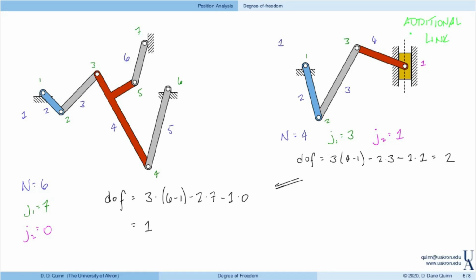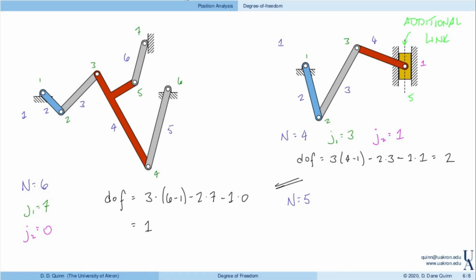If I were to treat the slider as an additional link, then suddenly n would be equal to 5. Because I have 1, 2, 3, 4, and then 5 for the number of links. But notice the constraints then change.